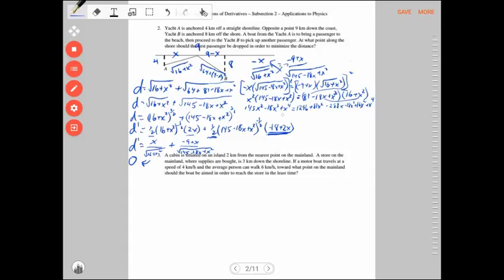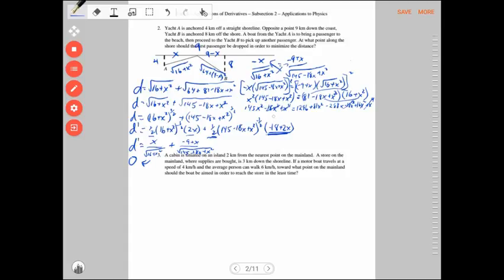Look, there's an x to the fourth on both sides of the equal sign, so they cancel. There's also a negative 18x cubed on both sides, so they cancel, which is really nice because all we've got left is squares.